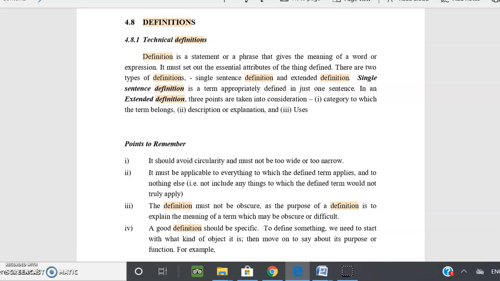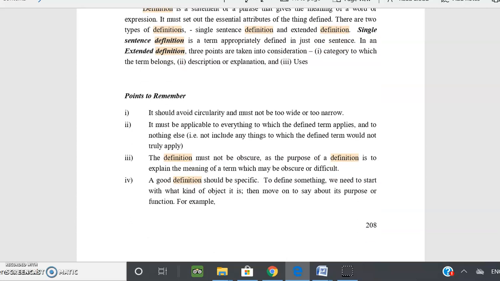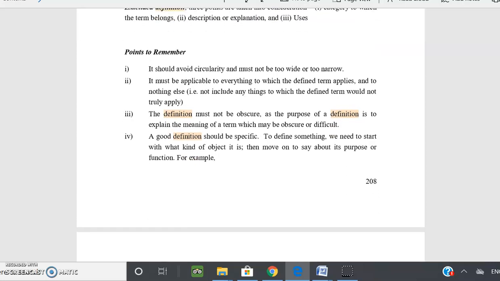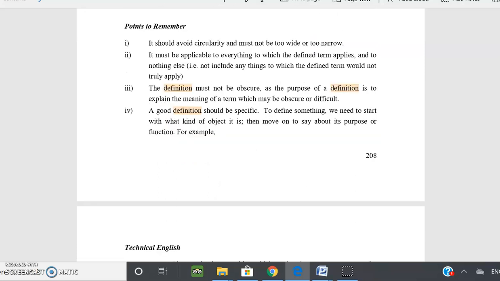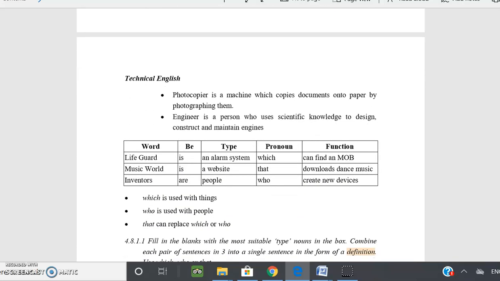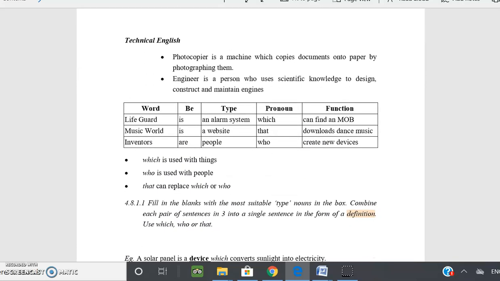So you try to answer all these four questions: what, why, how, where, in your single line. So do not give a roundabout explanation; be precise and short, because the first line is very important when you define. So be specific.